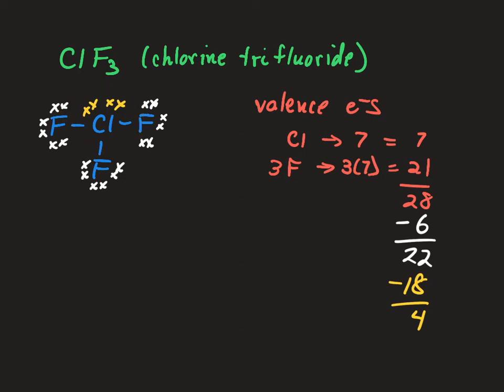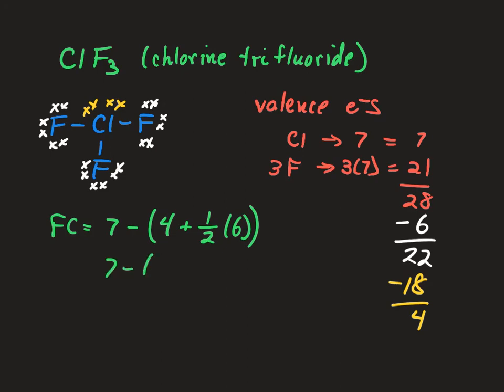If we want to check the formal charge, it is the number of valence electrons chlorine brought, which was 7, minus the number of unshared electrons, which is 4, plus half the electrons in its bonds, which is 6.